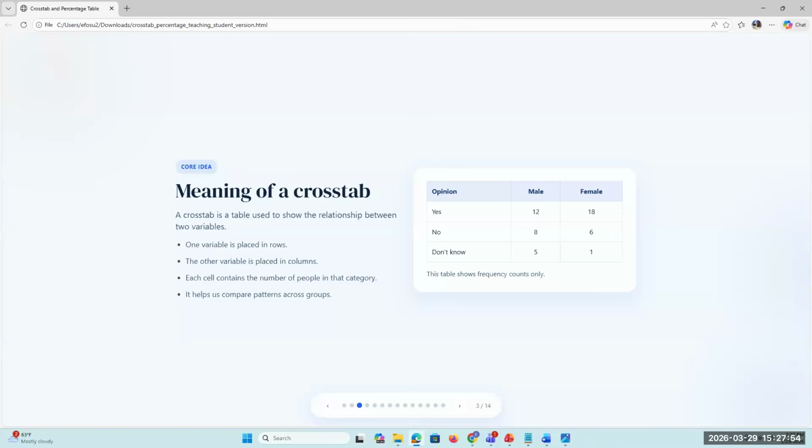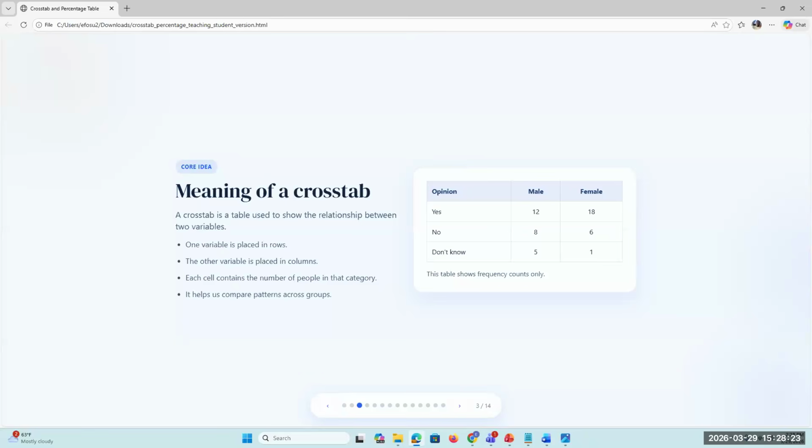With the opinions of the people, we have male, and we have 12 that say yes, 8 that say no, and 3 males saying don't know. Good. So the table is giving you an idea of how you can link opinions against gender.